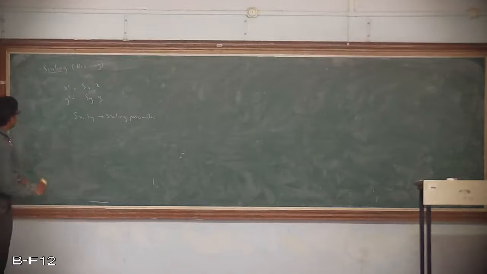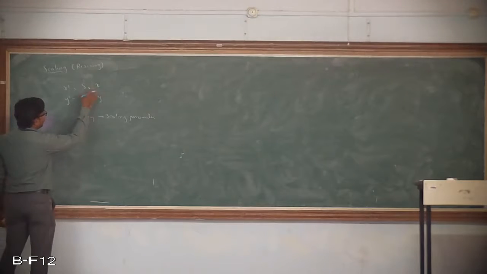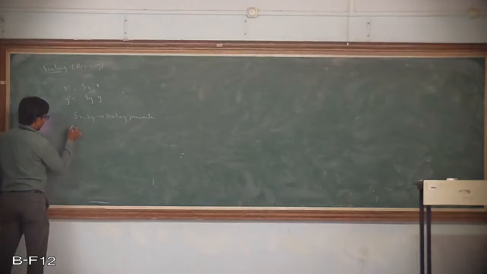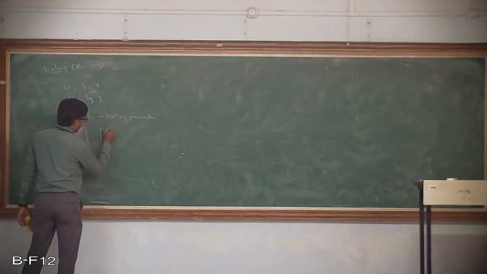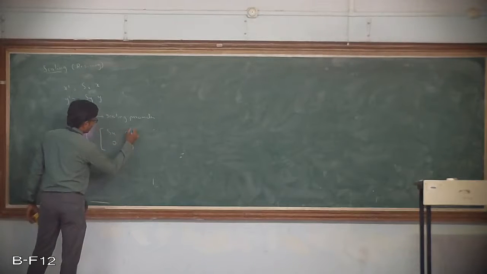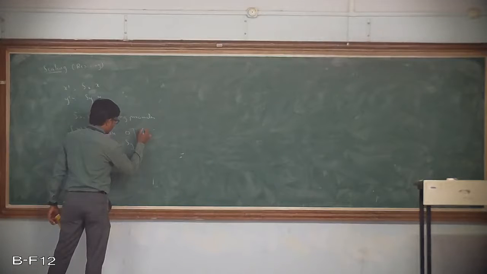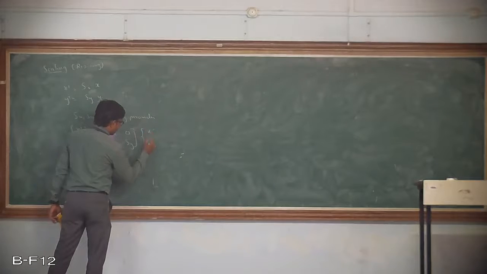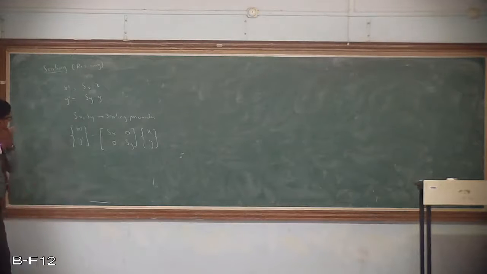If I want to write the same thing in matrix form, how can I write it? As it is a multiplication factor, x dash, y dash equals the matrix sx 0, 0 sy, multiplied by the column matrix x, y.